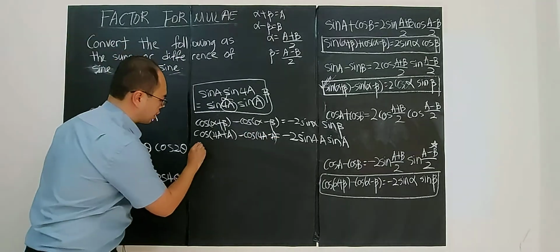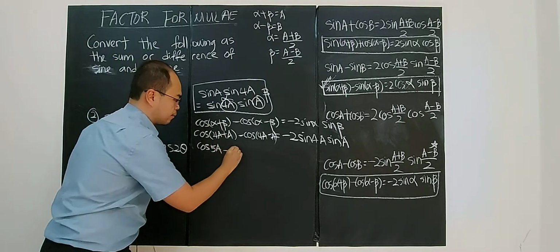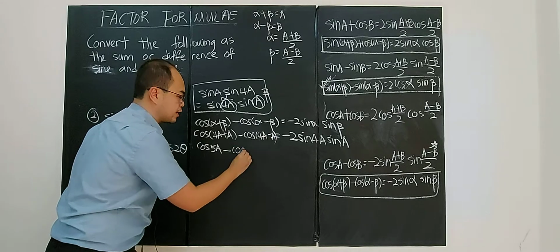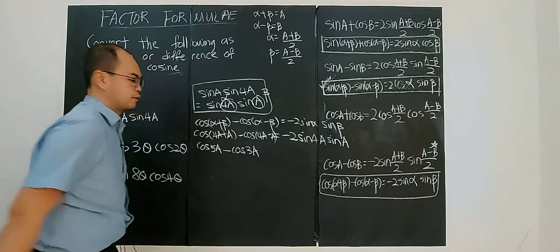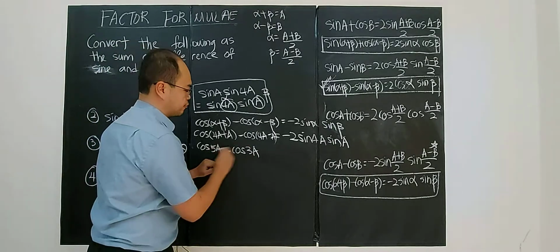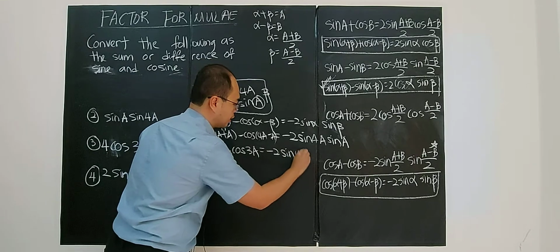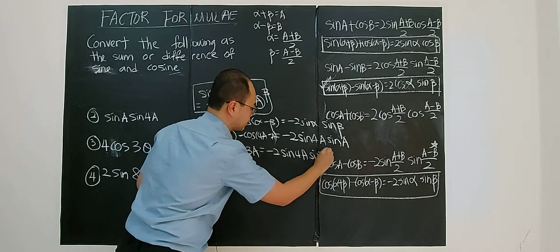So you write, you have cos 5A minus cos 4A minus A, you have 3A, right? Then you can see there is a subtracting form, difference, which is negative 2 sine 4A sine A.